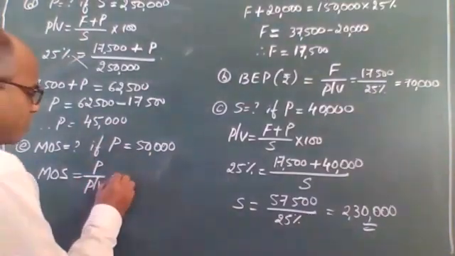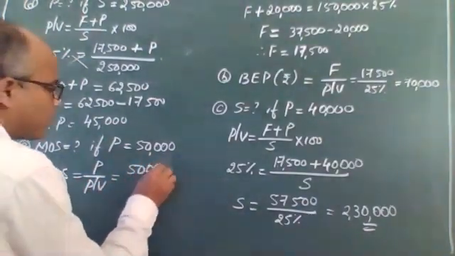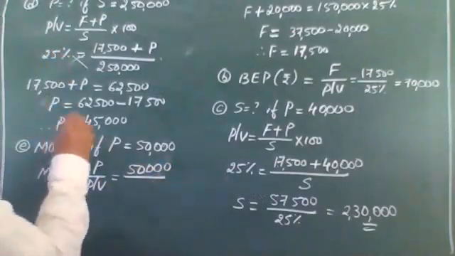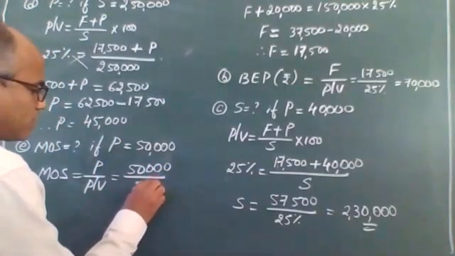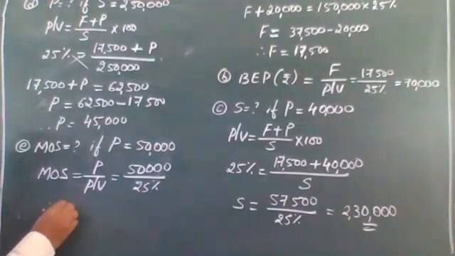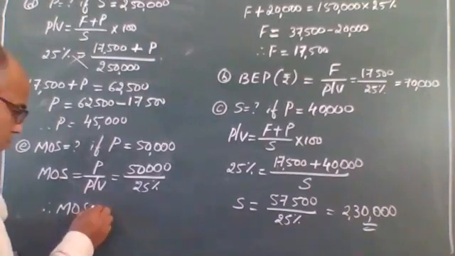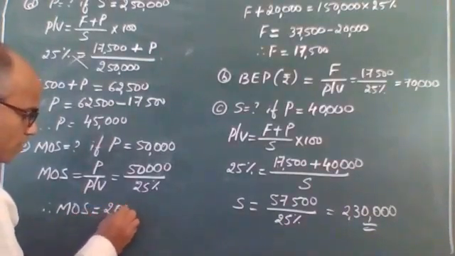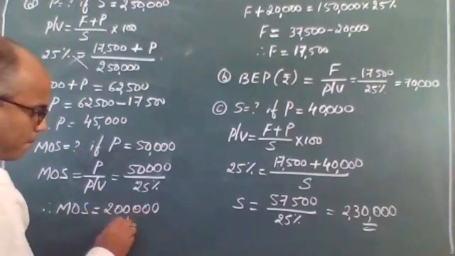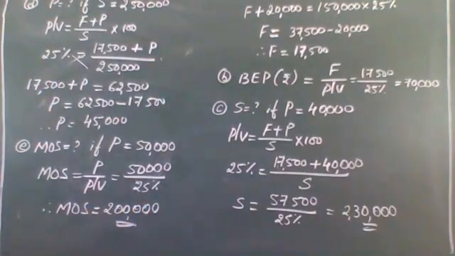The profit is given as 50,000. PV ratio, I know it is 25%. Therefore, margin of safety, if you calculate 50,000 divided by 25%, it comes to how much? 2 lakh rupees. That is bit number E.